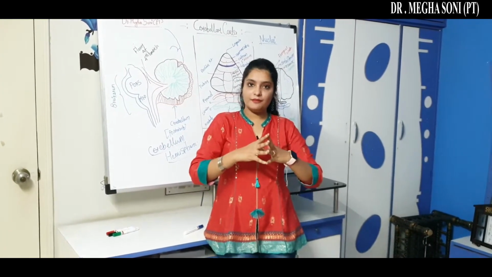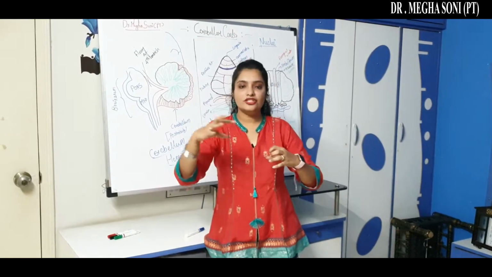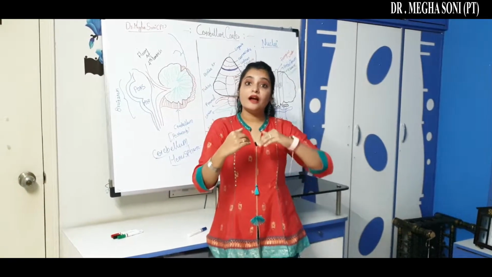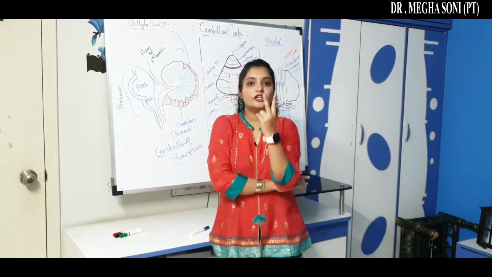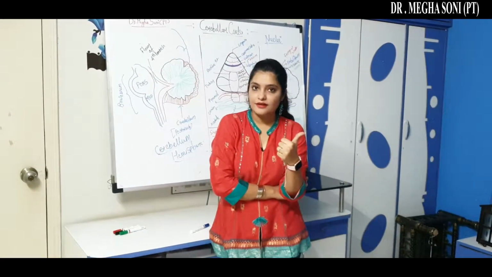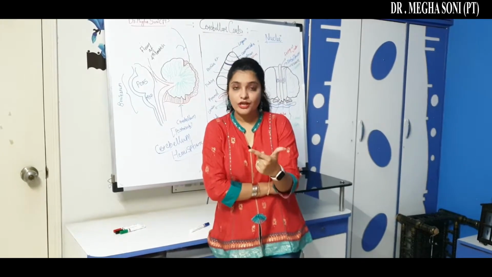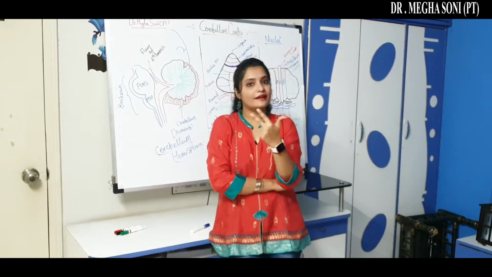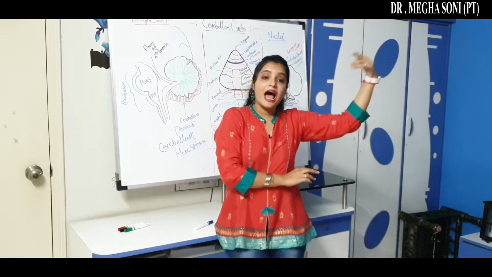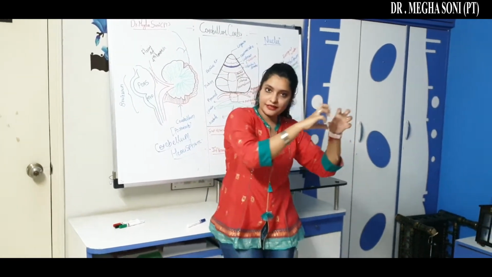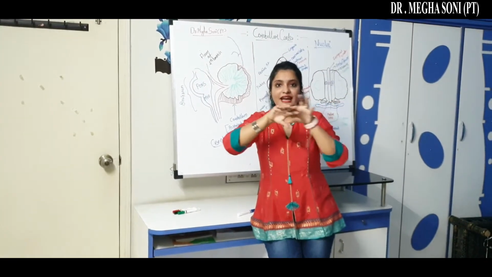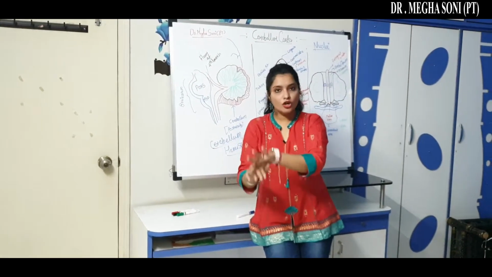The axons of the Purkinje fibers are going out of the cerebellar cortex. Okay, and there are two other fibers, mossy fibers and climbing fibers. These mossy fibers and climbing fibers are coming from outside to inside, meaning they are coming from the periphery and they enter into the cerebellar cortex.